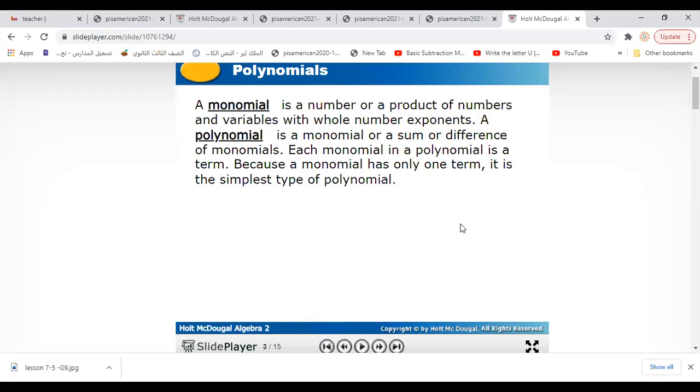A polynomial. The word poly means many. A polynomial is a monomial or a sum or difference of monomials. Each monomial in a polynomial is a term, because a monomial has only one term. It is the simplest type of polynomial.